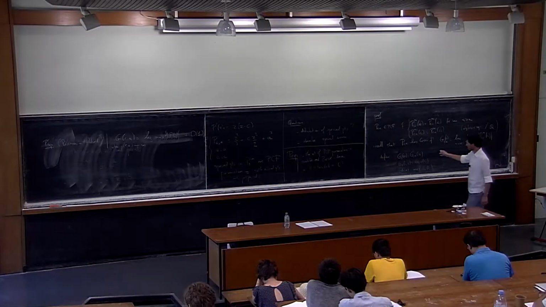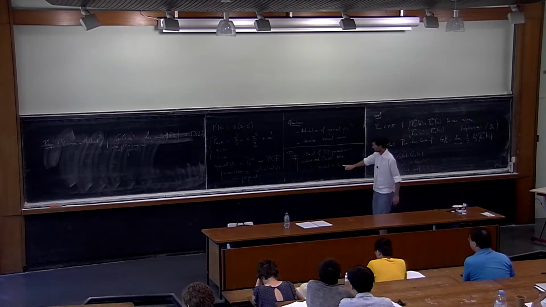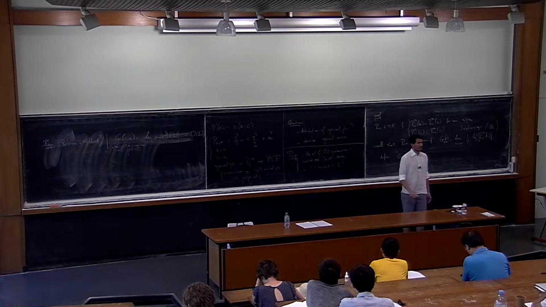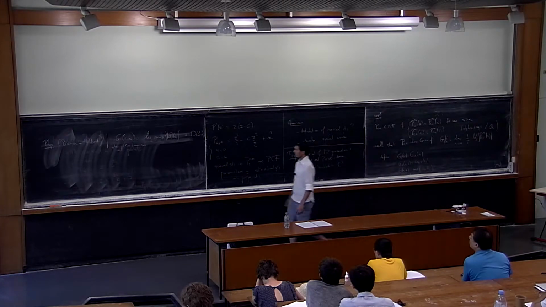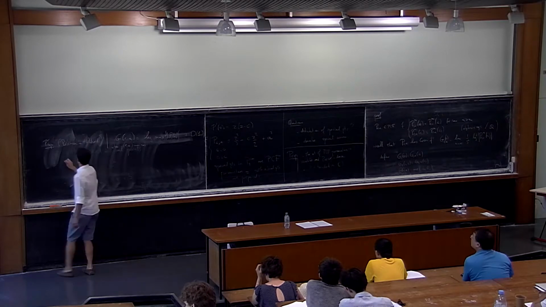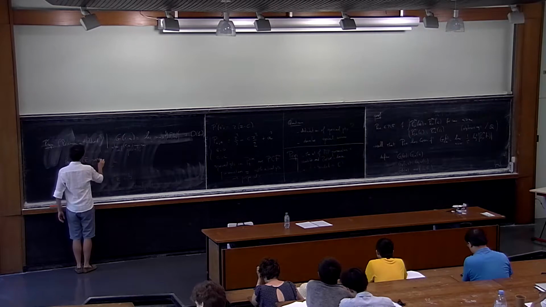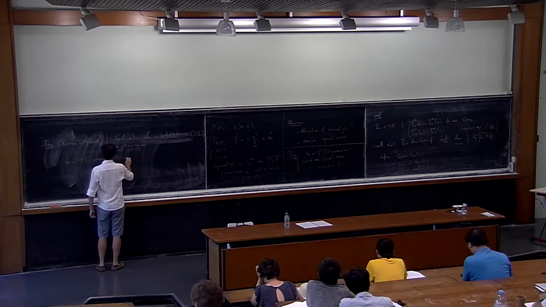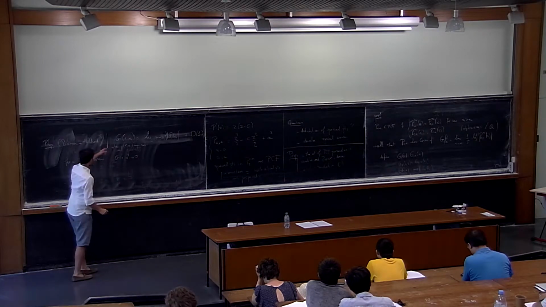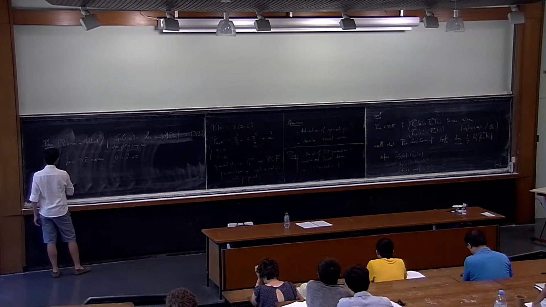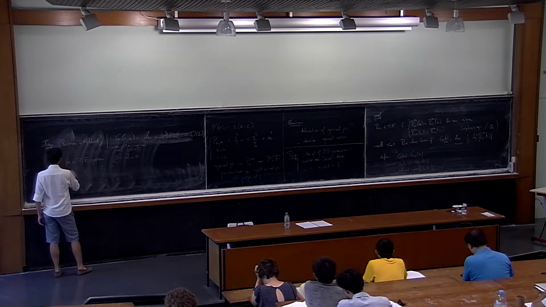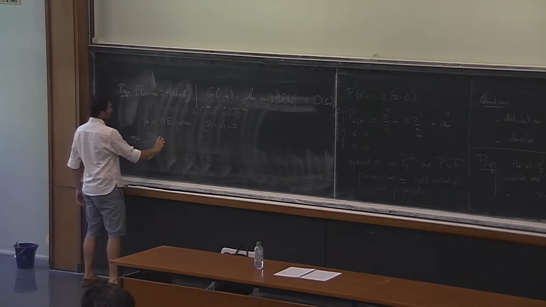So it implies in particular directly that the set of post-critically finite parameters is bounded, because for a post-critically finite parameter, the function G is equal to 0. So from this you get that the set of post-critically finite maps is bounded.